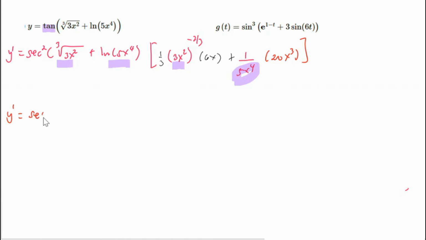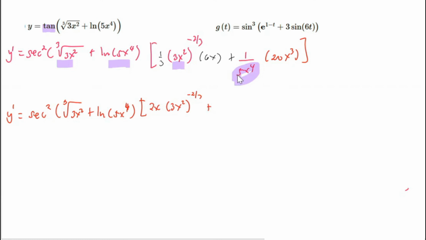Now, simplifying further, we can write, I'll copy the first few terms: secant squared of the angle, which is the cube root of 3x² plus ln of 5x to the fourth power. And then we will just simplify inside the bracket. So 1/3 times 6x, we have 2x times (3x²) to the power of negative 2/3, plus we have 20x³ times 1, which is 20x³ divided by 5x to the fourth power.